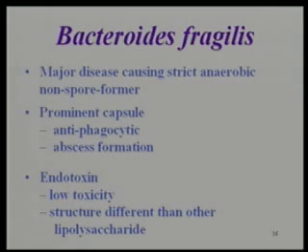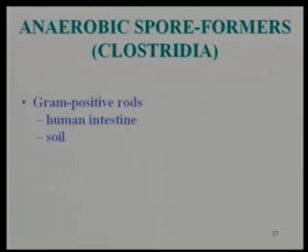And just because we've got to say something about Bacteroides fragilis, since it is the major one among these non-spore-forming strict anaerobes, the endotoxin is believed to be less toxic in this disease, and the structure is a little different than other lipopolysaccharides. But the most important thing, by far, when we're talking about Bacteroides fragilis, is this prominent capsule. And there's essentially nothing else one can say about Bacteroides fragilis. And there's really no point saying anything else about the rest of them.